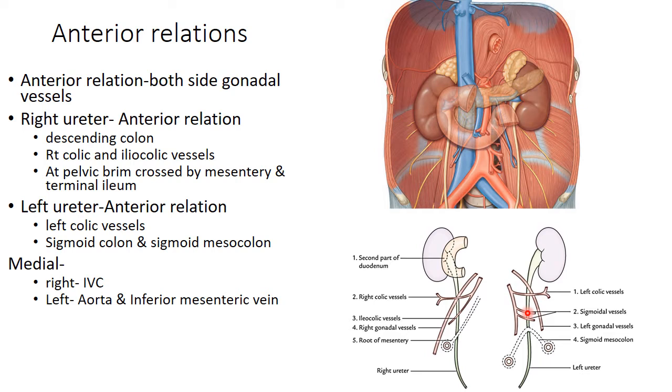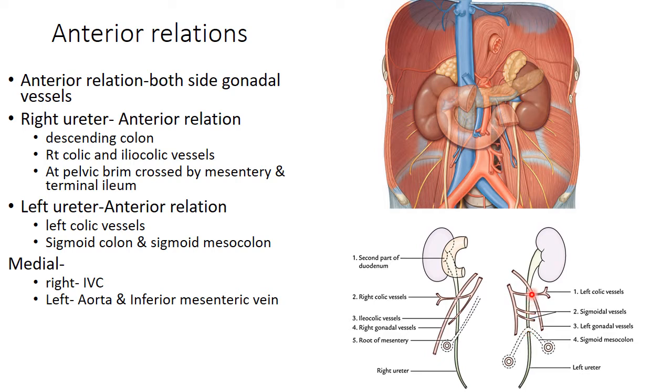On the left side, apart from this relation over here, which we have already done with the kidney, the ureter will be related with the gonadal vessels of the left side and the left colic vessels, the sigmoidal branches of the inferior mesenteric artery, and then the sigmoid mesocolon.